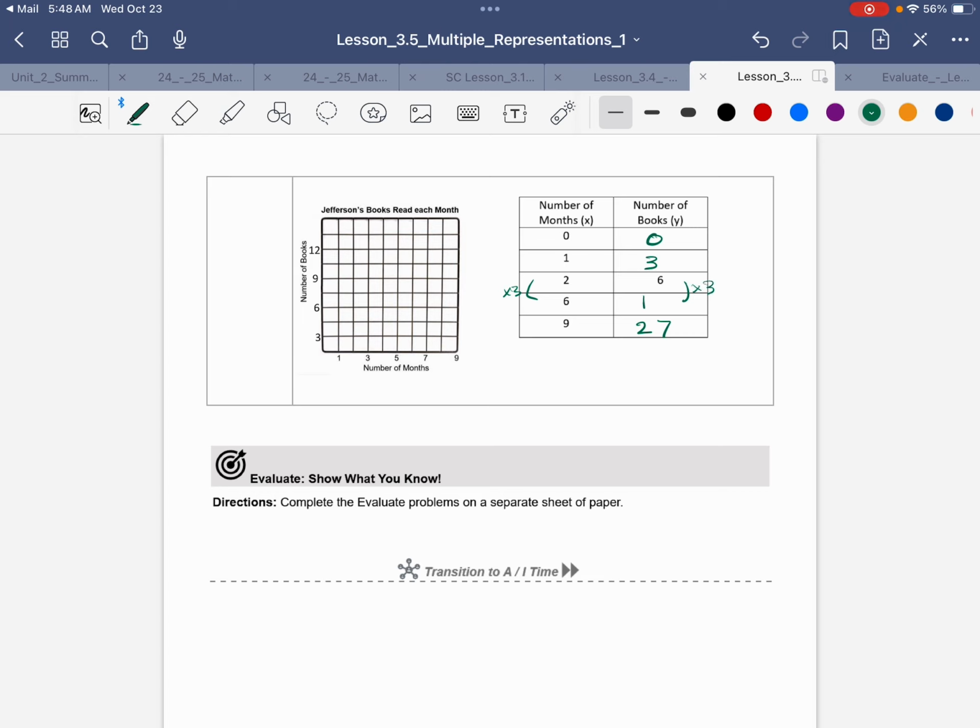Okay, so let's look at that now. So now when we're putting the points in, we can treat those as X and Y to go ahead and figure out what we need. So look at your points. 0, 0, that's going to be your origin, right?